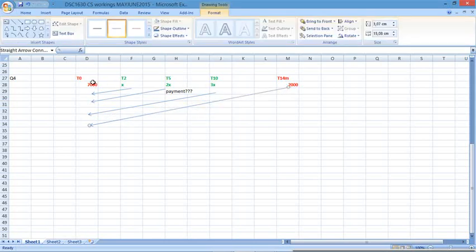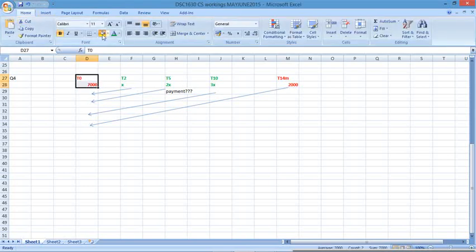I'm going to be looking at amounts at one point in time in this particular question. I'm going to focus on time 0. So take everything to one point in time.